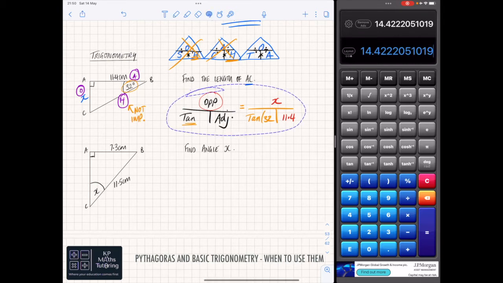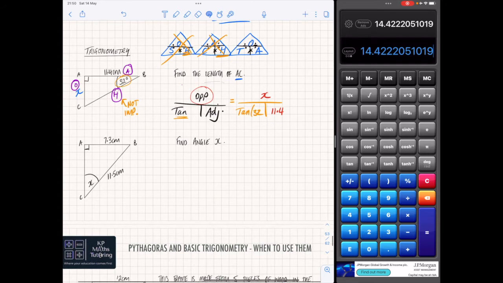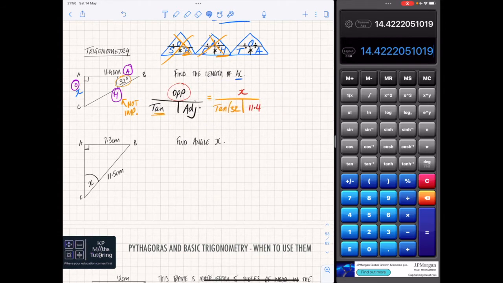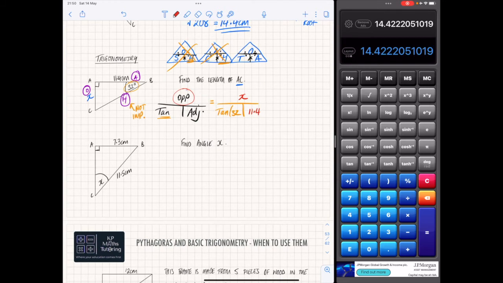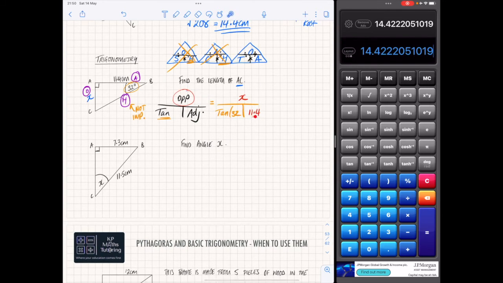Now, because I've got the information filled in, I can figure out what to use to solve the problem. You have to ask yourself, which one of these three things am I being asked to find? I'm being asked to find x. So if I cover up x, you have to do this multiplied by the other value at the bottom, because there's a times sign there. So x is equal to tan 32 times 11.4.